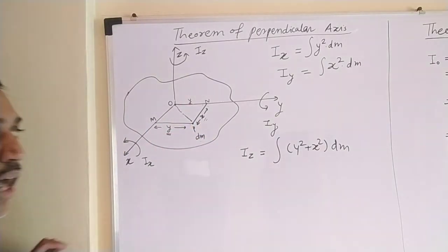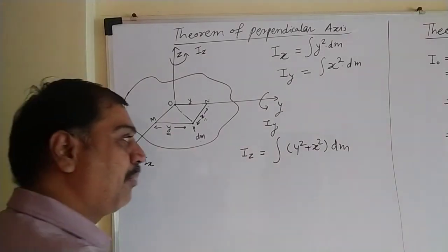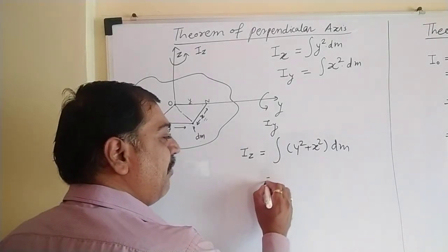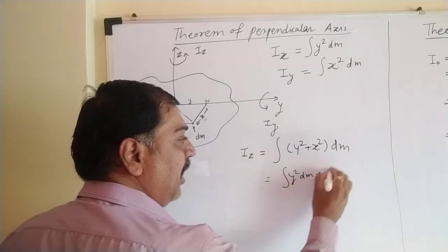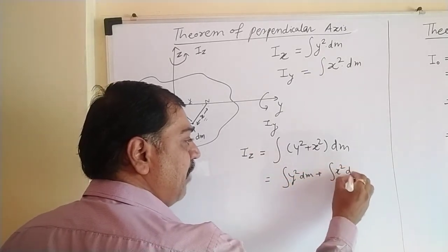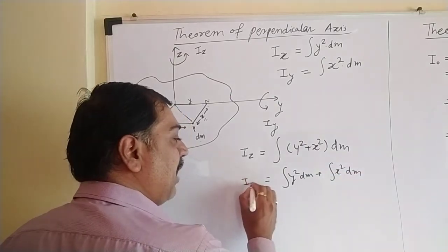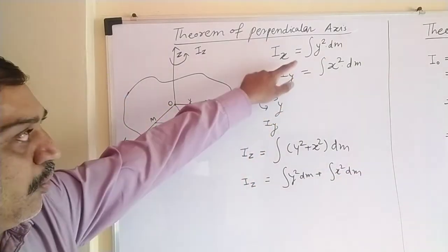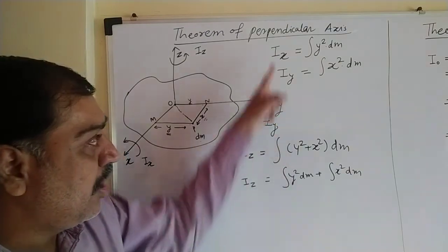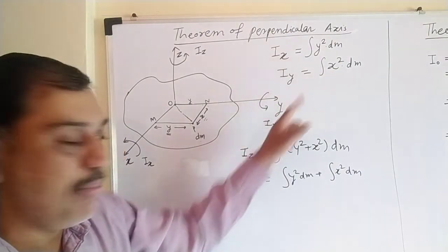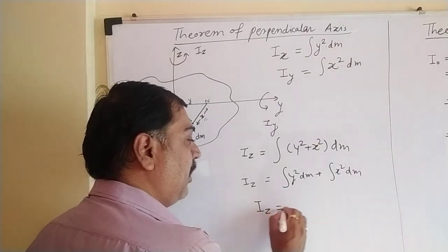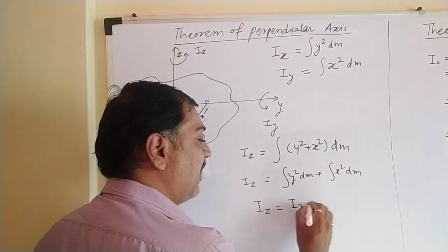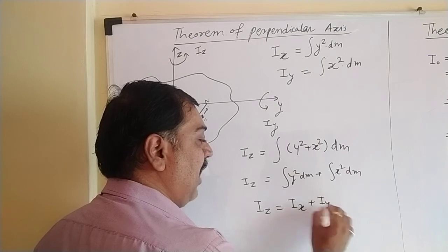Separating the variables, integration of y square dm plus integration of x square dm. The left hand side remains as it is. Here y square dm is Ix and x square dm is Iy. So you can write I suffix z equal to I suffix x plus I suffix y.